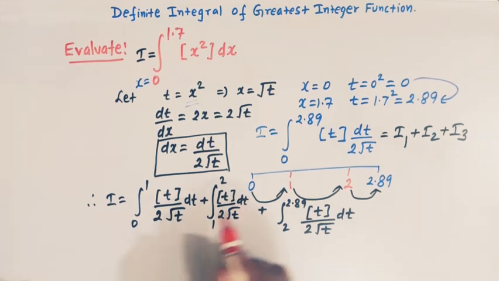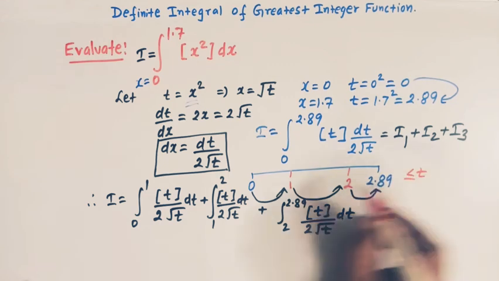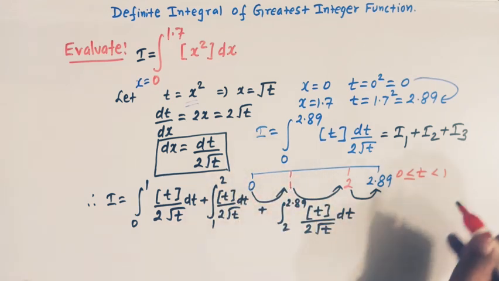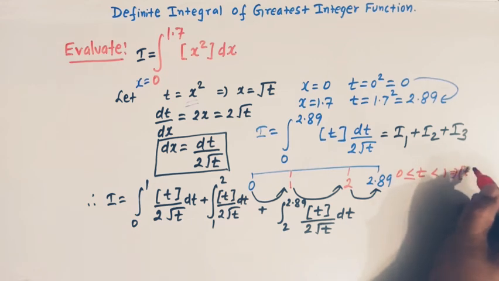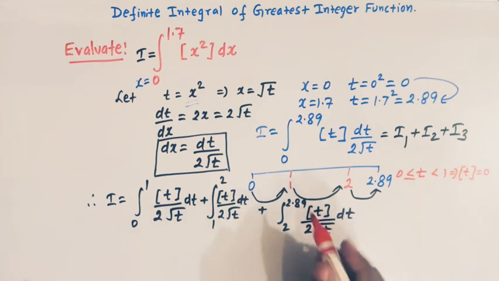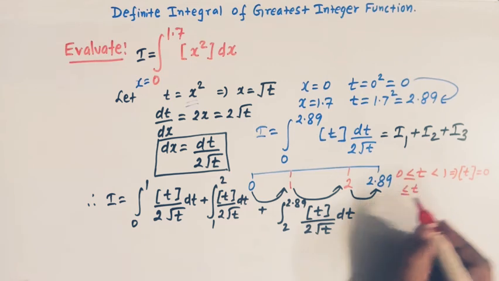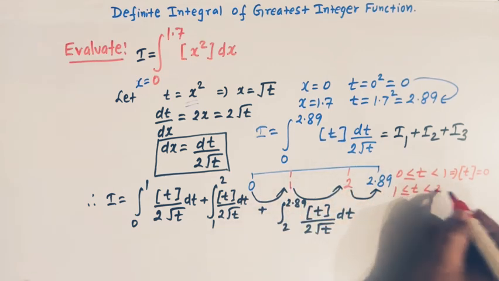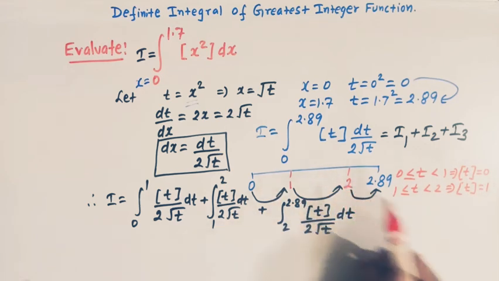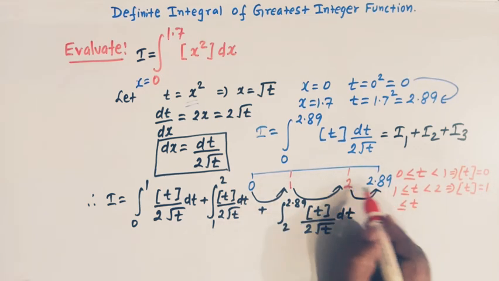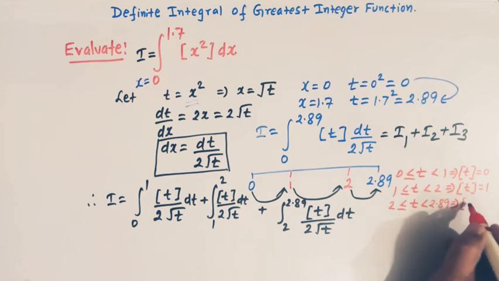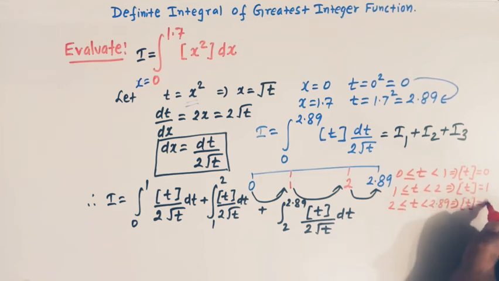So viewers, when t lies between 0 and 1, this implies that the value of greatest integer t is equal to 0 due to the definition of greatest integer function, and when t lies between 1 and 2, then the value of this greatest integer t is equal to 1, and when t lies between 2 and 2.89, then the value of this greatest integer t is equal to 2, right?